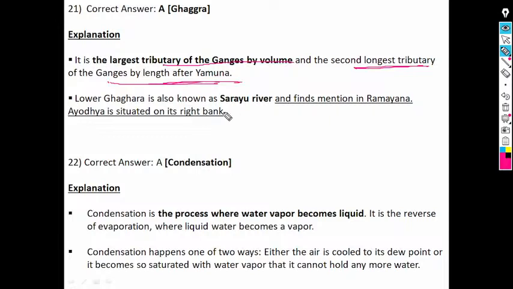Lower Ghagra is also known as the Sarayu River and finds mentions in the Ramayana. Ayodhya is situated on its right bank.